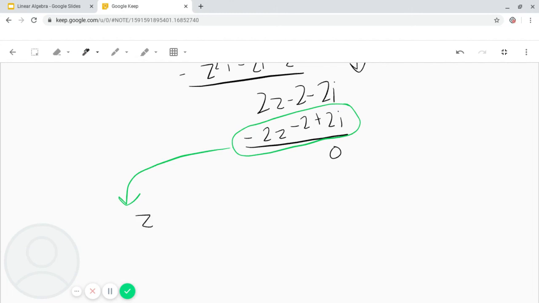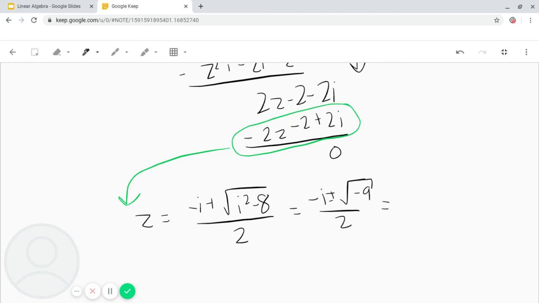So z is equal to negative i plus or minus root i squared minus 8 over 2, which is equal to negative i plus or minus root negative 9 over 2, which is equal to negative i plus or minus 3i over 2.